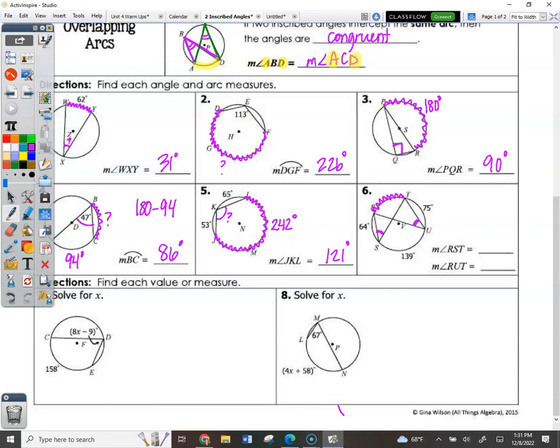You would subtract off these pieces that you know, and you'd be left with the one chunk that we're missing. And somebody tell me what that is. That's 82 right here. And if that's 82, the angles would be 41.